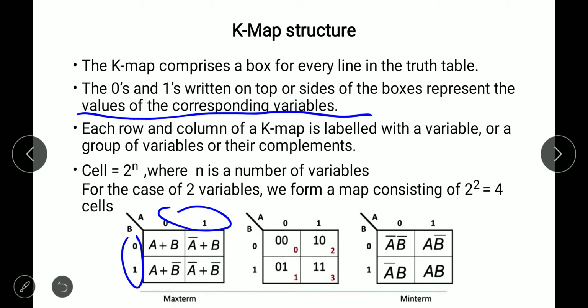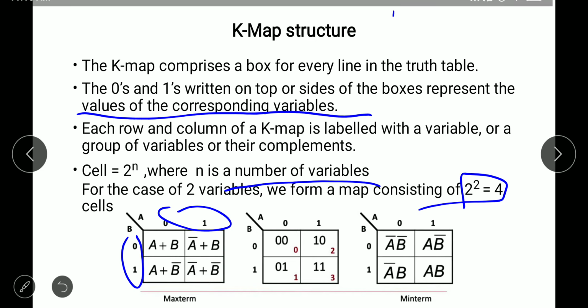There are 2 to the power n cells, where n is the number of variables. For the case of two variables, we form the map consisting of 2 to the power 2, that is 4 boxes.